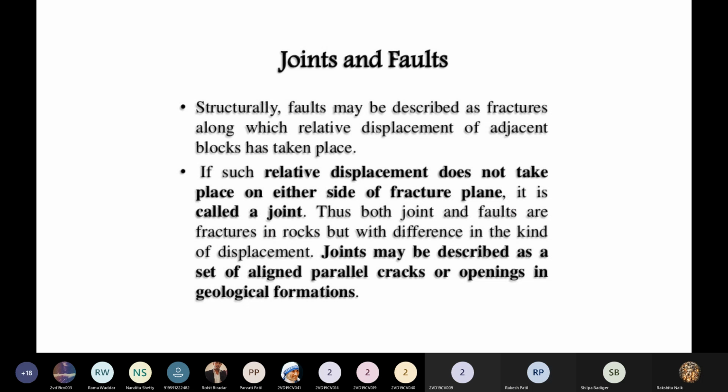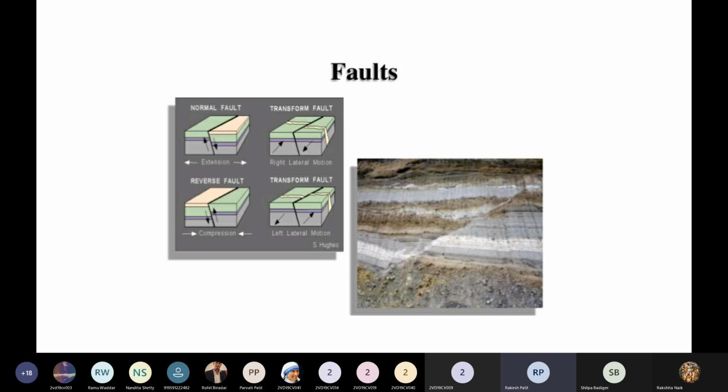A fault is defined as a crack or fracture along which there has been relative displacement of the blocks or rock strata. The displacement of the beds along the fault line may be a meter or several kilometers. The fault is measured in terms of dip and strike. I told you dip and strike, right?